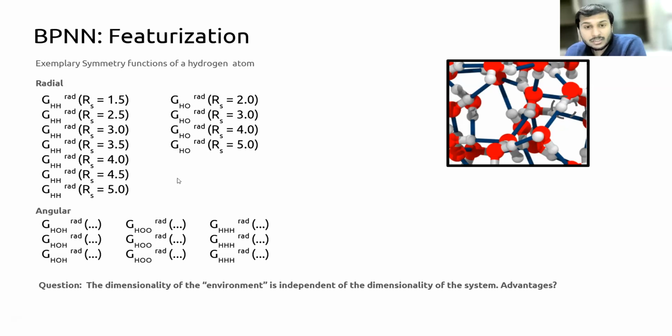Now, you will notice that if I double the system size, and I sit on this hydrogen, the only atoms that will contribute to these symmetry functions would be the ones in the cutoff. And even if I double the system size, for a given hydrogen atom the dimensionality of the feature would still be 19, right? So basically, by using these features, we have made the dimensionality of the environment of an atom independent of the dimensionality of the system.